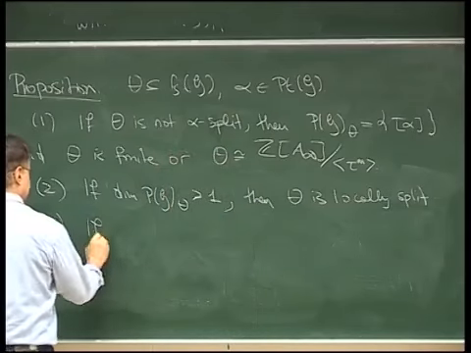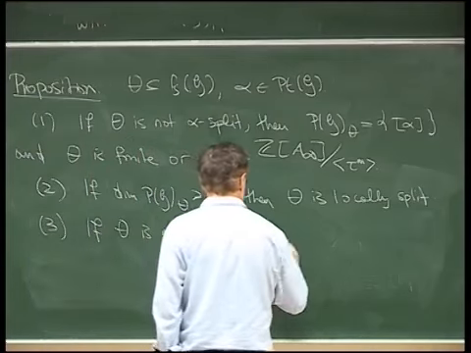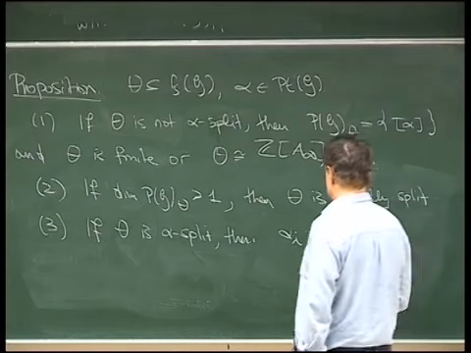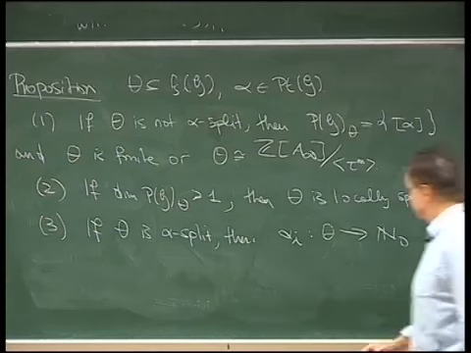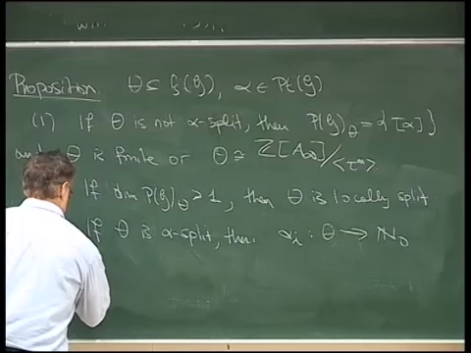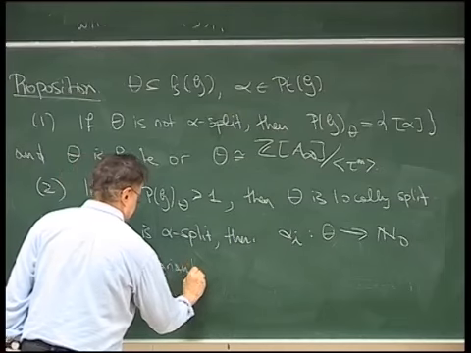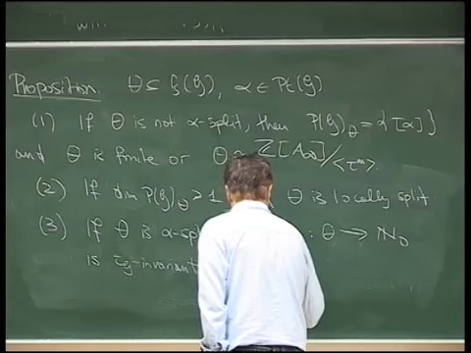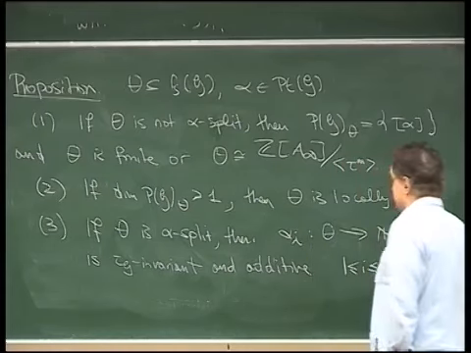So if theta is alpha-split, then these functions alpha_i that you get by looking at the coefficients of the decomposition of a pullback of a module from theta into the natural numbers including 0, this function is tau_G invariant, meaning if you precompose it with tau_G, you get alpha_i back, and additive as long as i ranges between 1 and p minus 1.